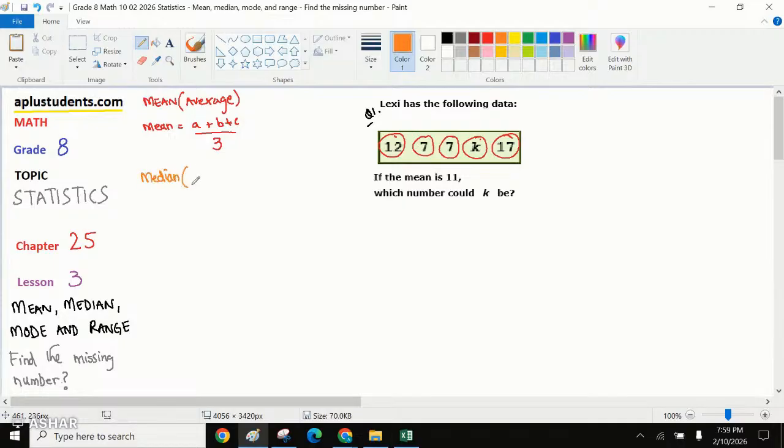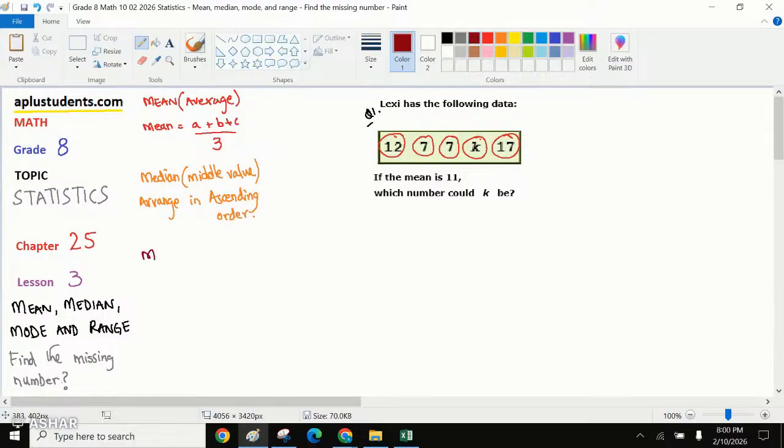Once we are done with the mean, let's look at the median. Median is the middle value. In order to find the median, we arrange the numbers in ascending order. We know that ascending order is always from the smaller to the larger, and then we find the middle value.